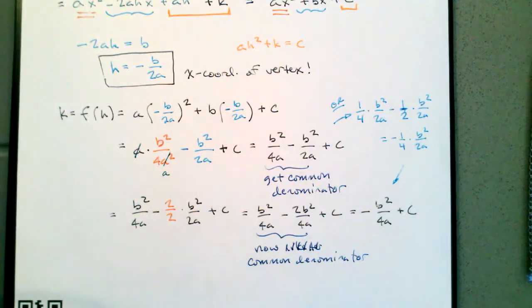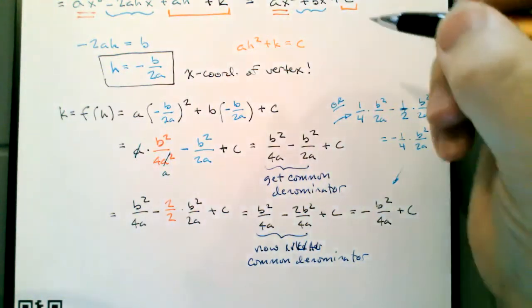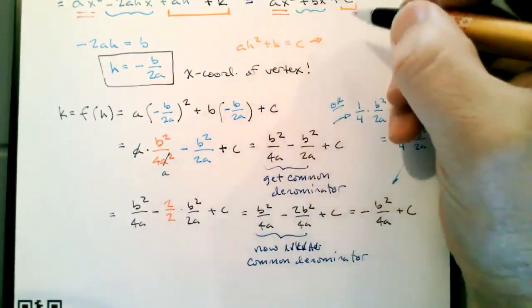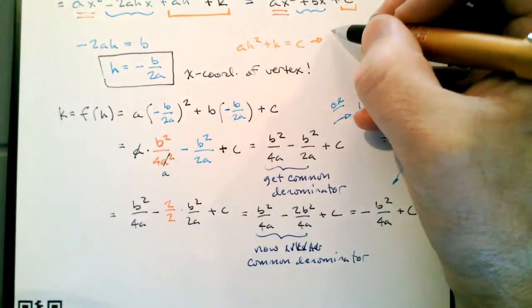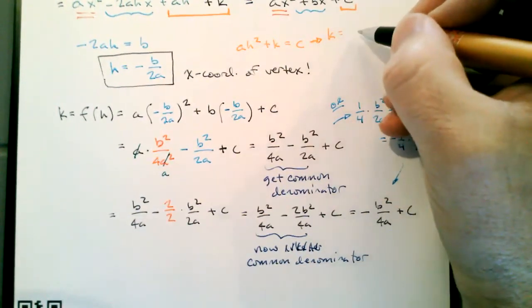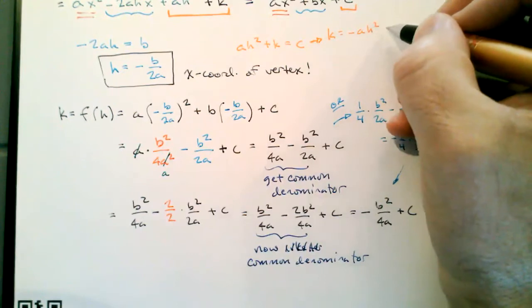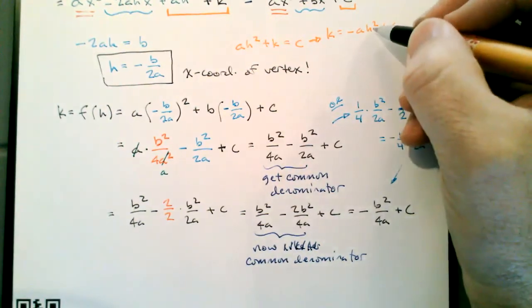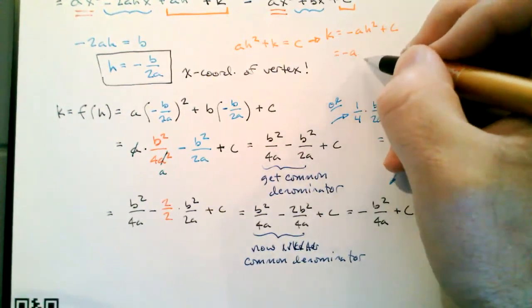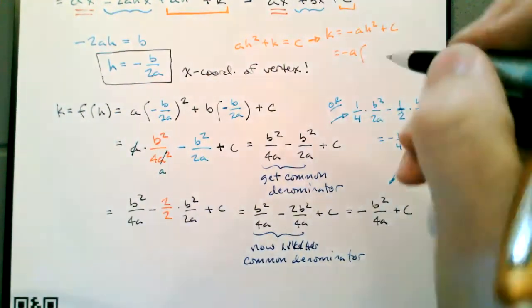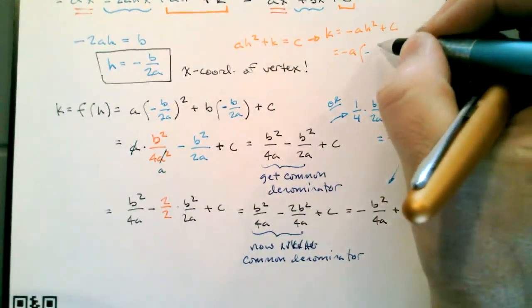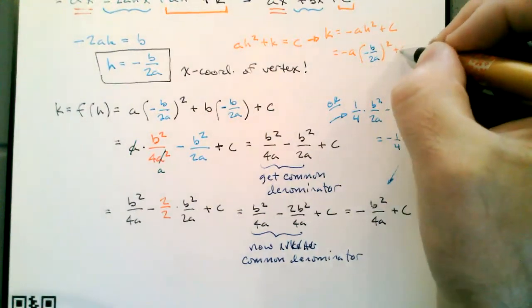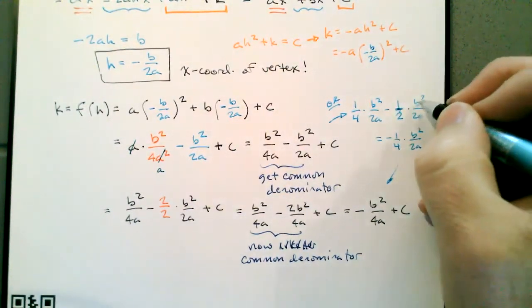So that's k. Now look, if we go back to what we had up here, if we solve for k from the vertex form, we have that k is equal to minus ah squared plus c. And if we put h in, I'll have minus a times h, which is negative b over 2a, squared, plus c.